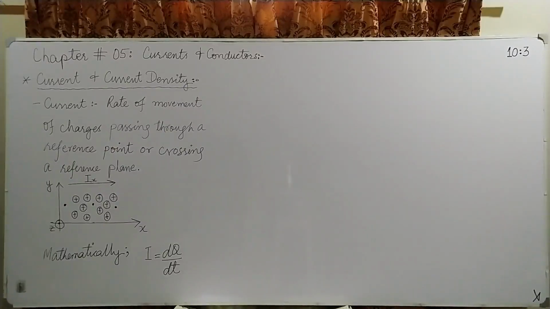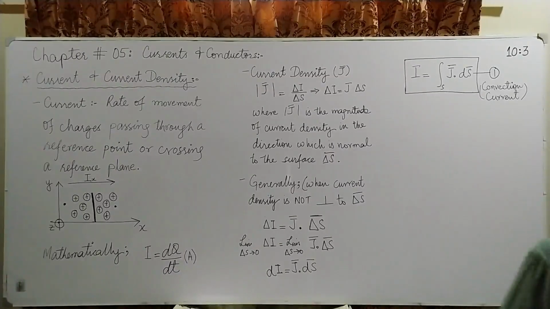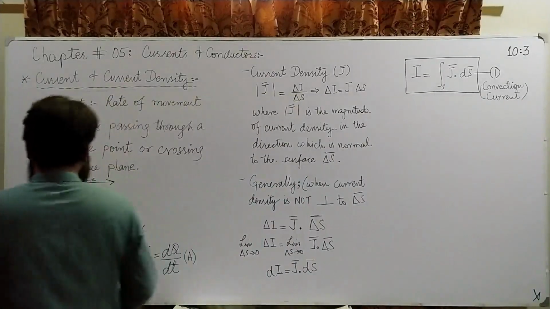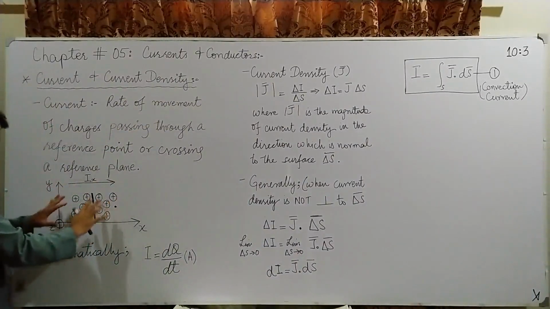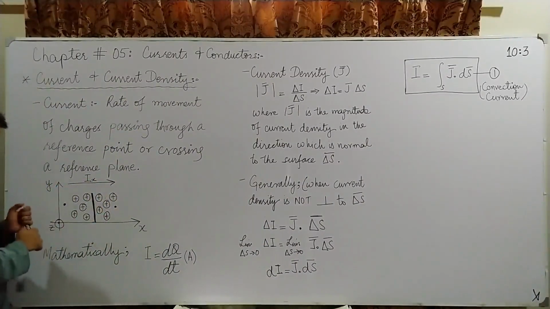And current density, by the way, is something which is dependent on charge, motion of the charges, or direction of the movement of the charges. So now let's keep our focus on the definition of current in which movement of charges is there, this type of current particularly, which we are more used to.